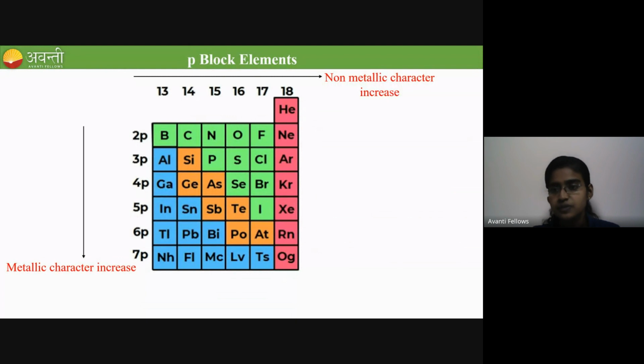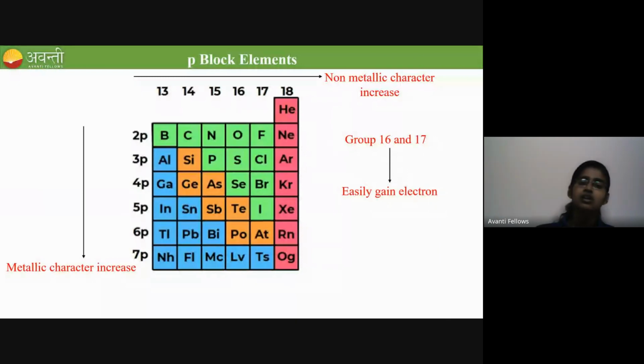So now who is more non-metallic in nature? Group 17 and group 18. From 16 onwards, groups 16 and 17 have more non-metallic character. Got it? So they easily gain electrons and they easily attain the nearest noble gas configuration and become stable.